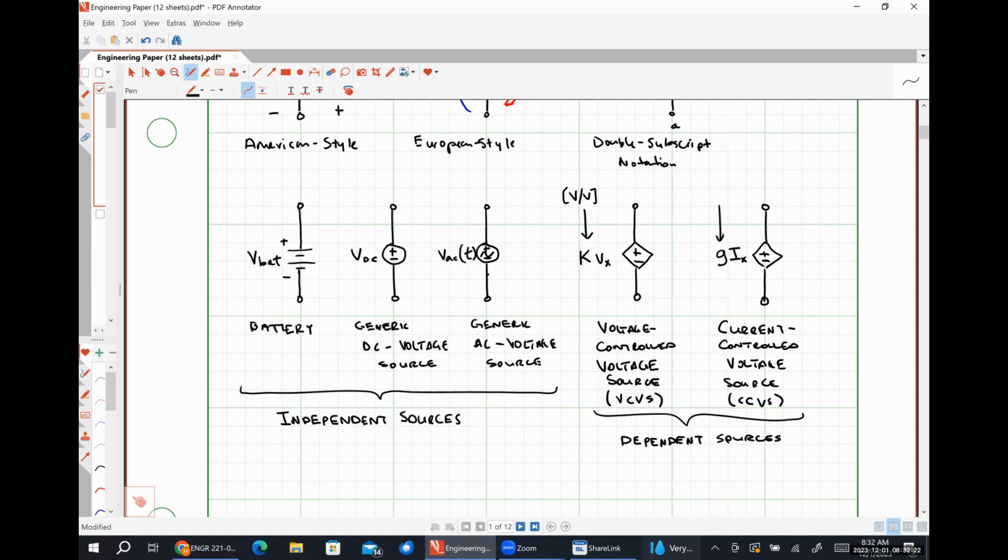And our scaling factor of lowercase g has units of volts per ampere. So that g multiplied by some current is going to give us an output that is a voltage. Again, this is just a mathematical model that we use to represent a more difficult circuit element to understand what's going on.